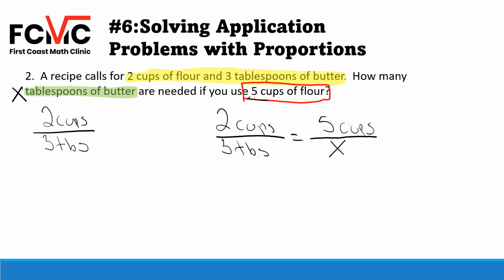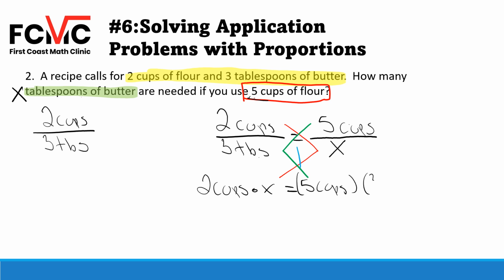So now let's solve our proportion, cross multiply. Just bear with me as I write this out, keeping our labels. So we've got 2 cups times x equals, bring down that equal sign, 5 cups times 3 tablespoons.